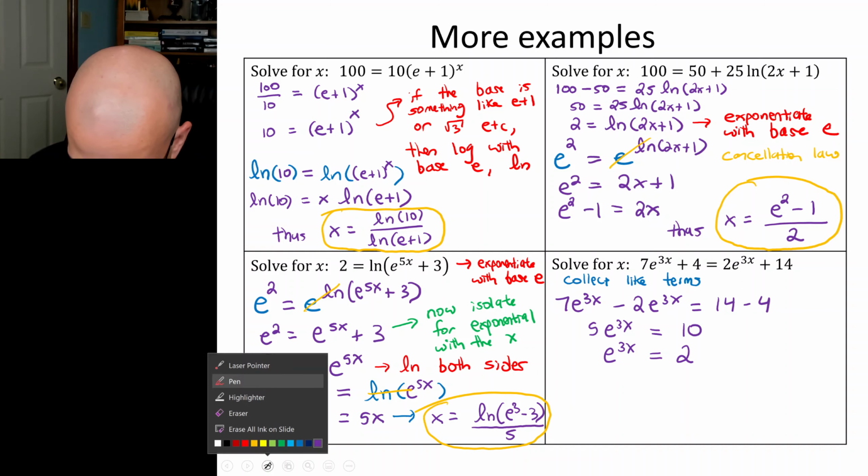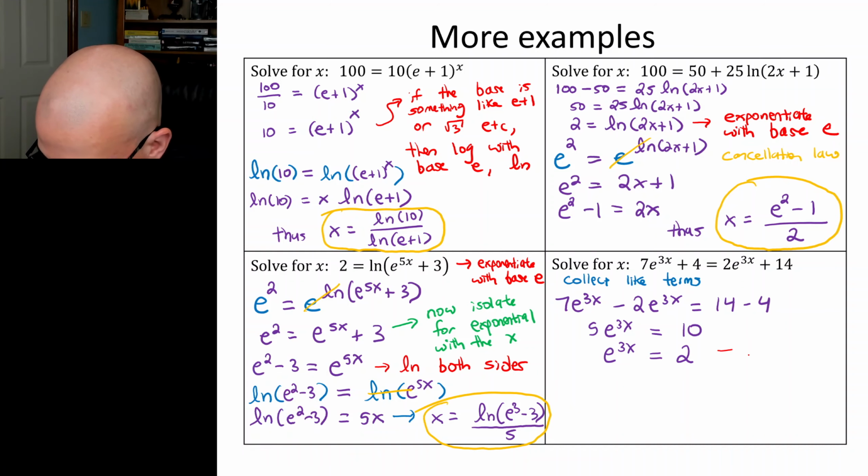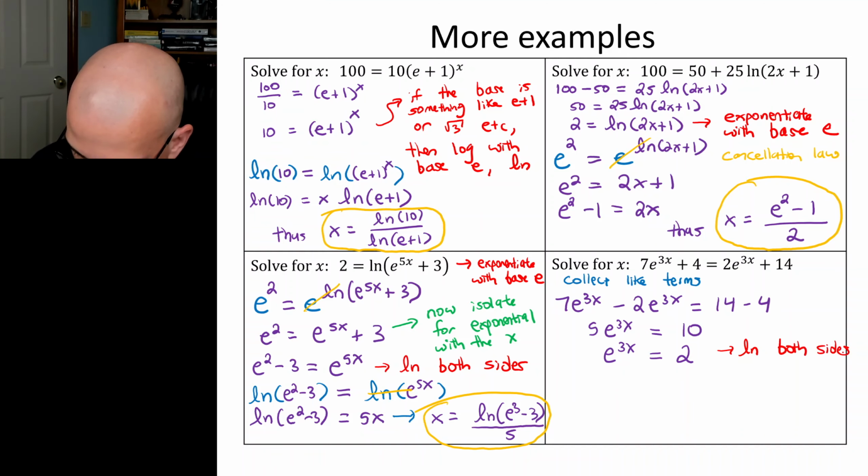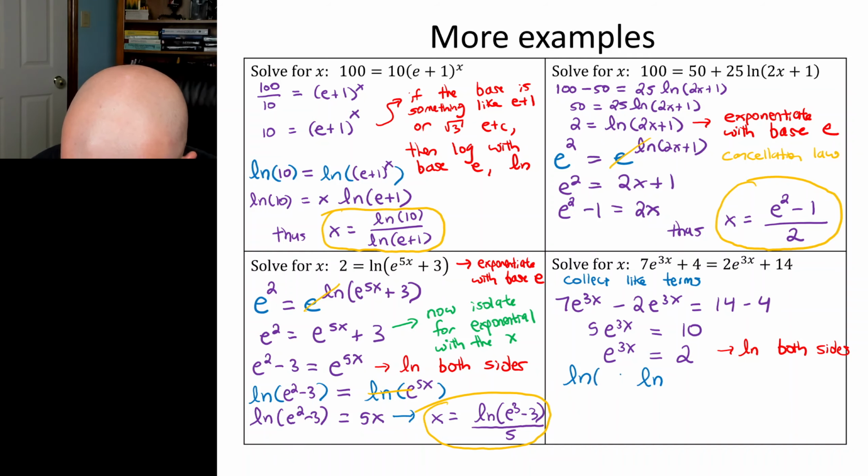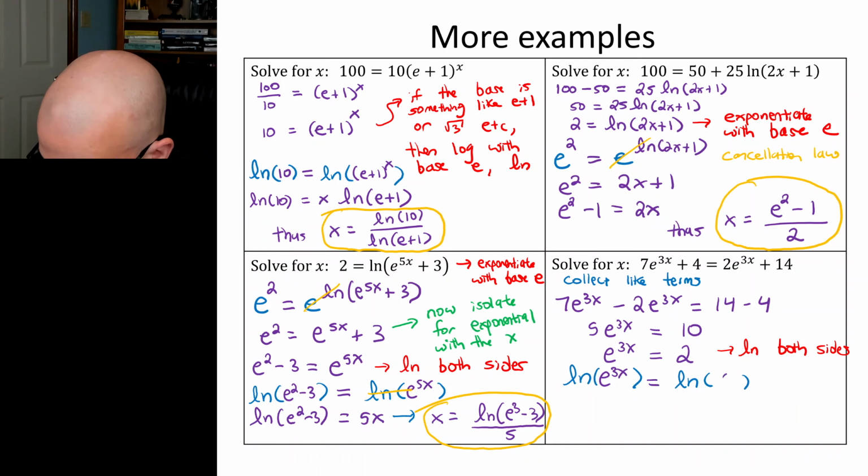And now I'm going to ln both sides. So ln of the left side is equal to ln of the right side. ln of e to the 3x equals ln of 2.